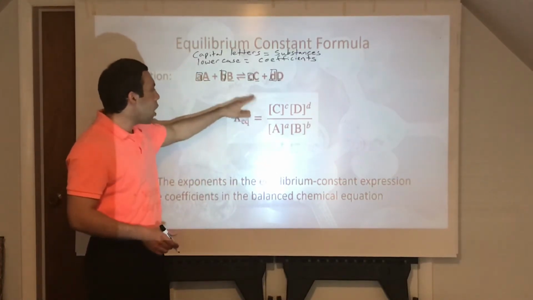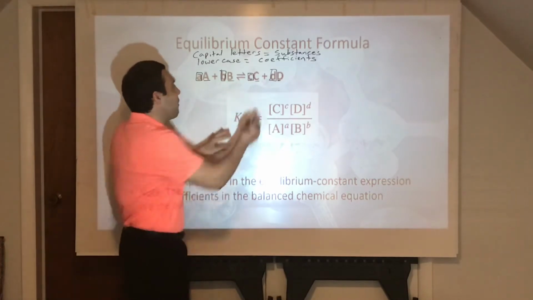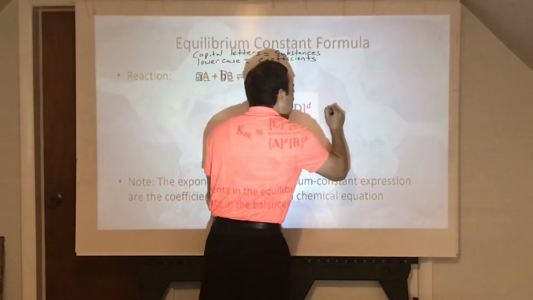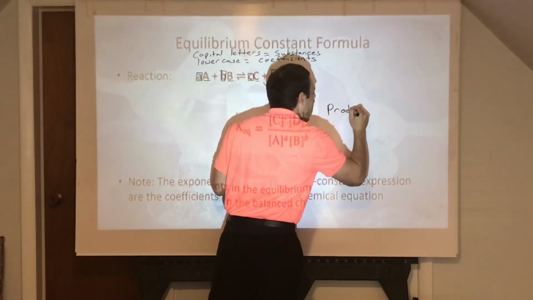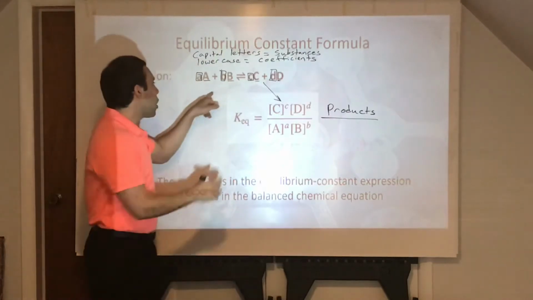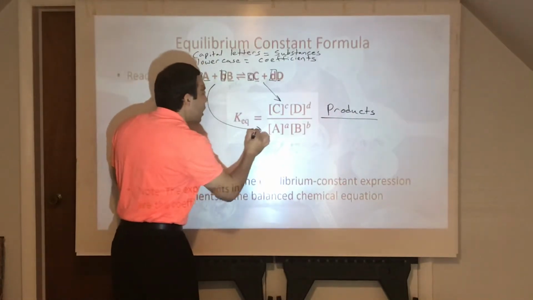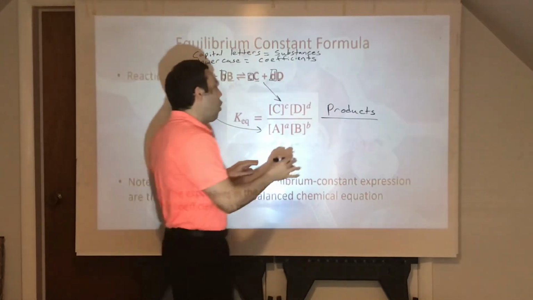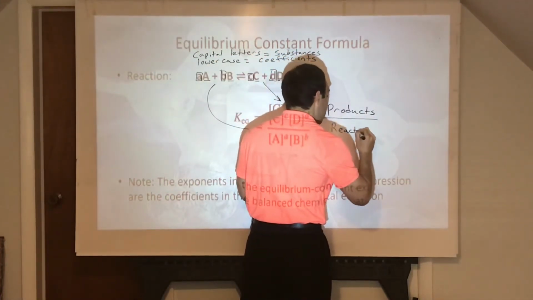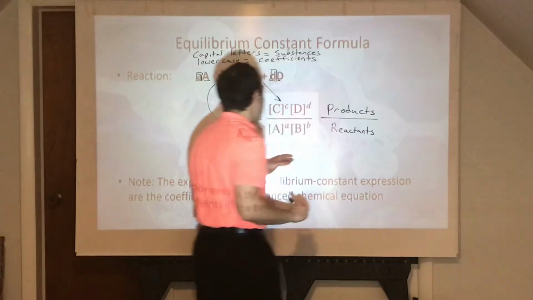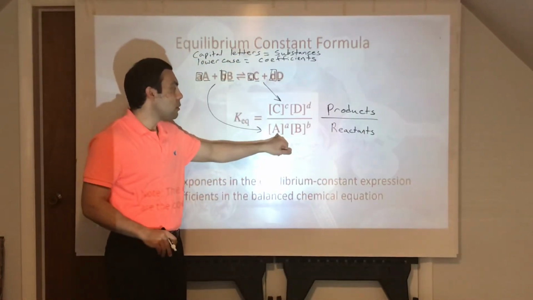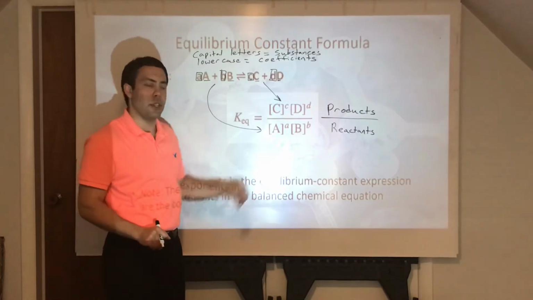Now we notice on the top we have the products, over capital A and capital B, the reactants. So product 1 times product 2 divided by reactant 1 times reactant 2.